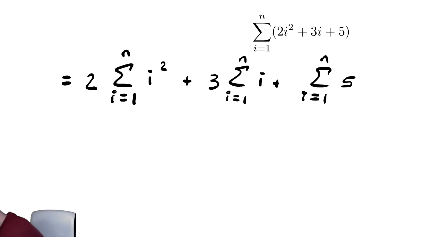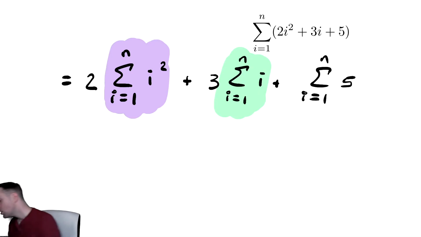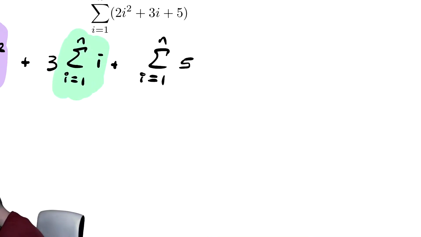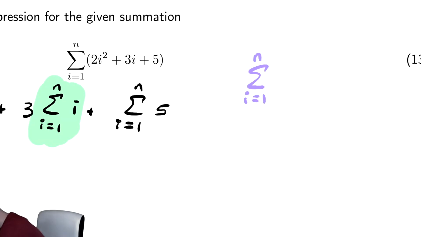Now, two of these summations we have seen already. This summation I'm highlighting in purple, and similarly for the summation I'll highlight in green. We have formulas for those. Let's comment on them off to the side. The sum from i equals 1 to n of i squared is equal to n times n plus 1 times 2n plus 1, all divided by 6.